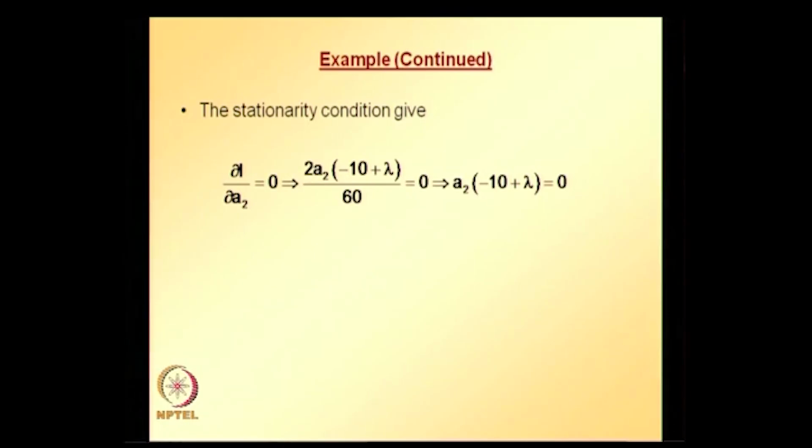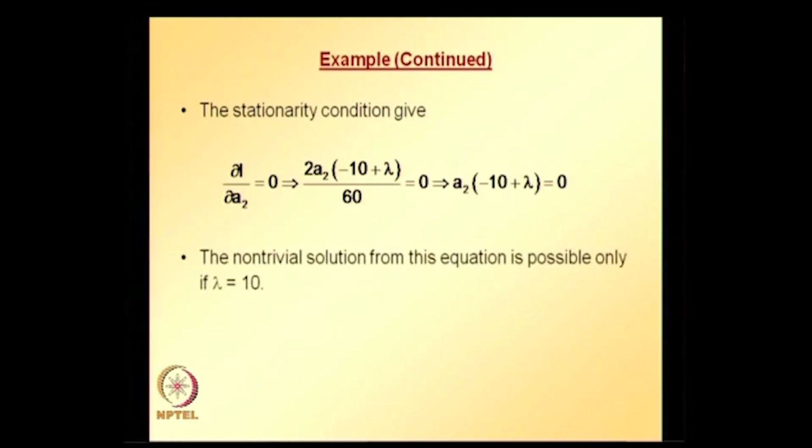this is what an eigenvalue problem is. Here a2 cannot be 0, because if a2 is 0, actually all these coefficients a0, a1, a2 are all non-zero coefficients, and a2 cannot be 0, and the only way this equation can be 0 is lambda should be equal to 10. a2 equal to 0 is a trivial solution, but we are looking for a non-trivial solution.